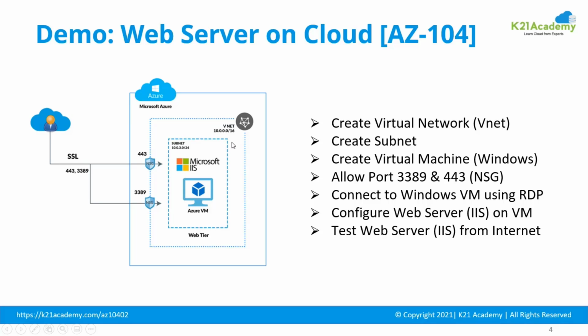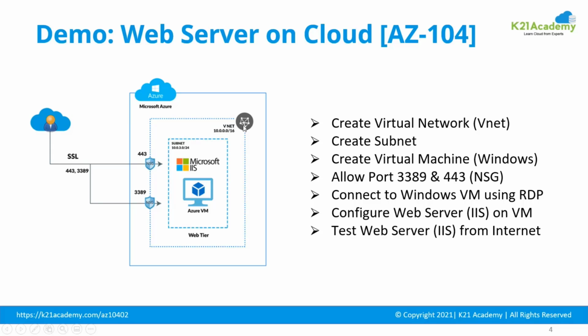Out of these 256 IPs, 3 or 4 are always reserved by Microsoft for subnet routing and other purposes. So I can create these many IP addresses within this subnet, and these IPs will be used by my virtual machines or load balancers, anything that I do.